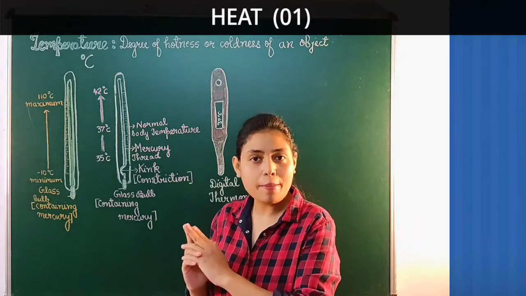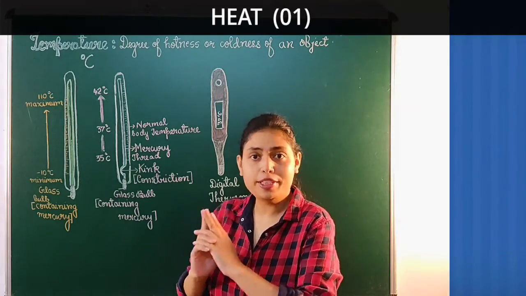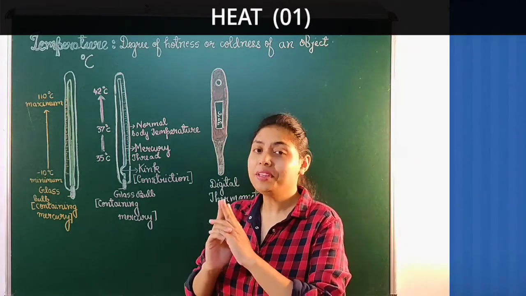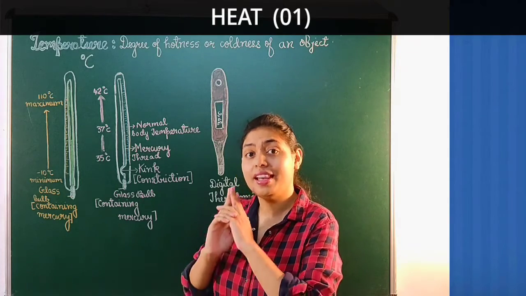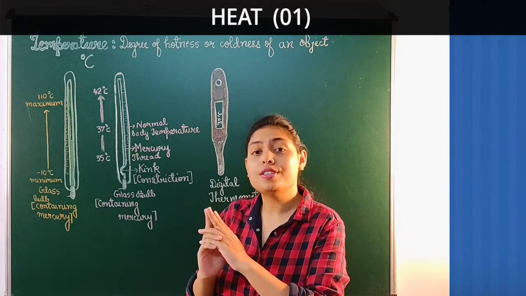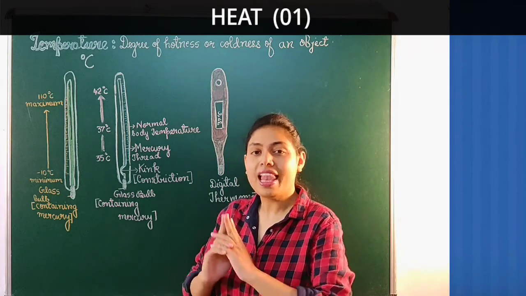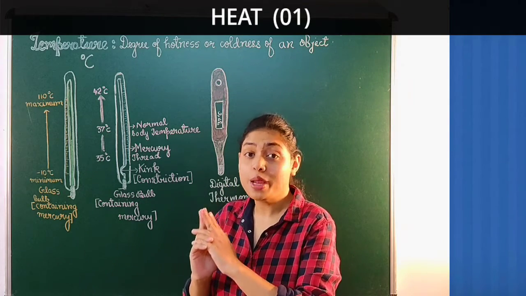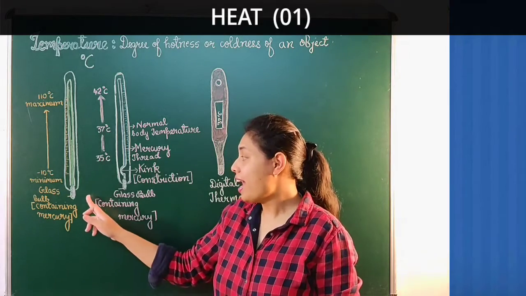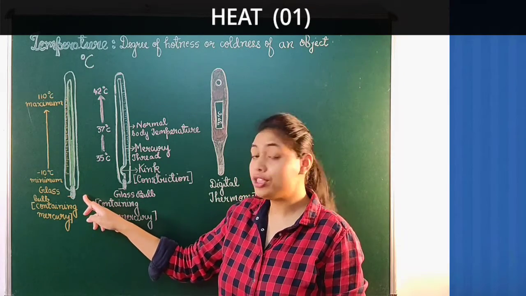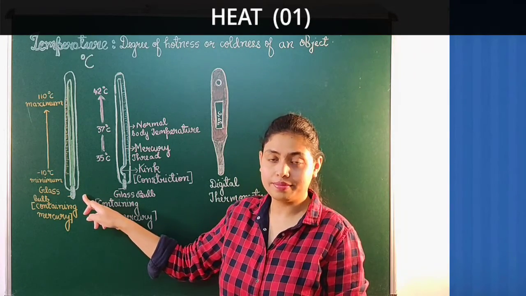Now let us study about the laboratory thermometer. Laboratory thermometer is used in labs to measure the temperature of chemical substances. It is made up of glass and has a glass bulb which contains mercury.